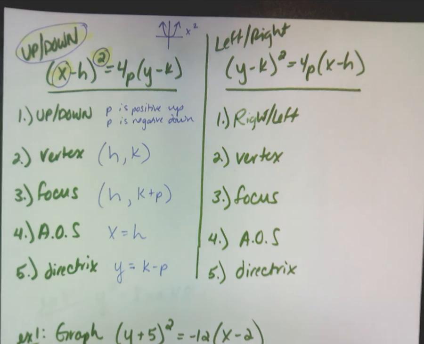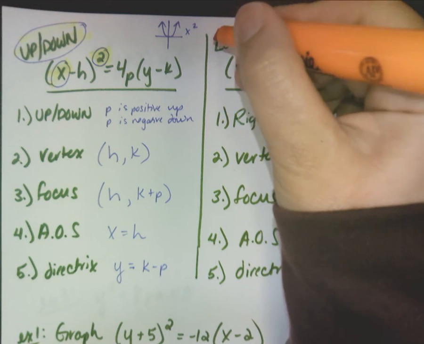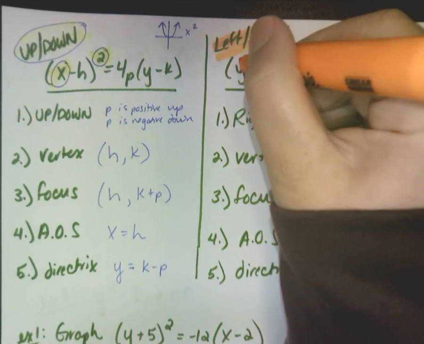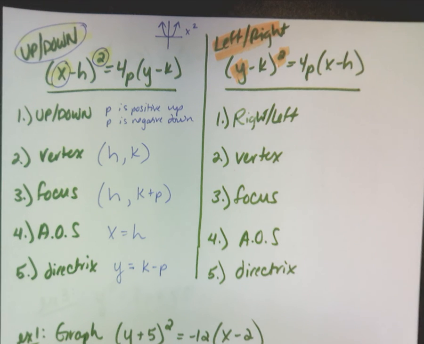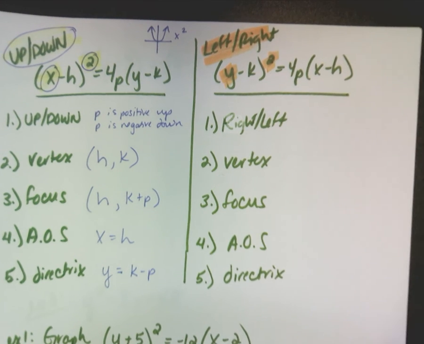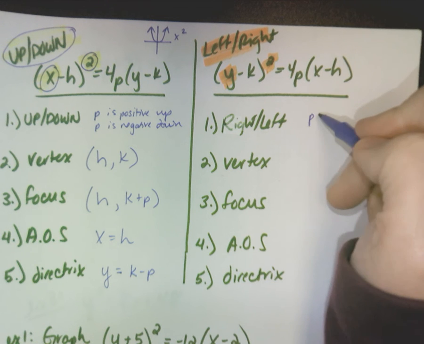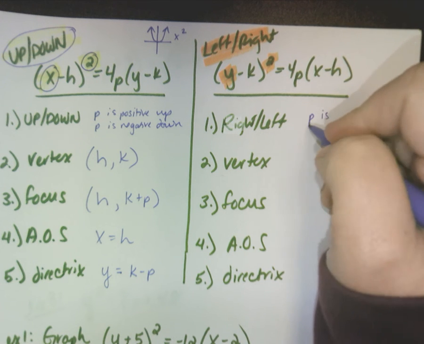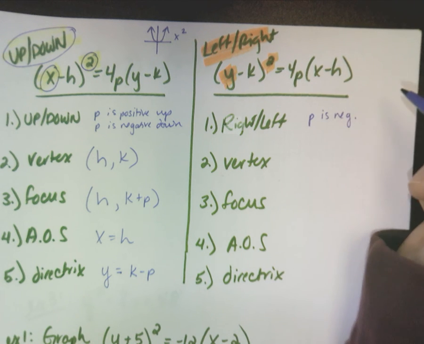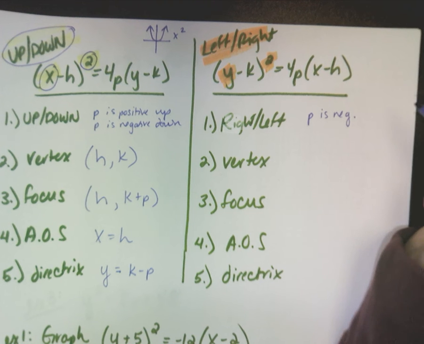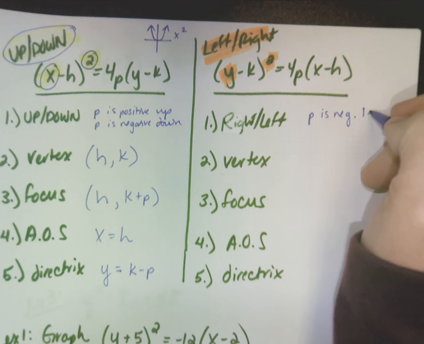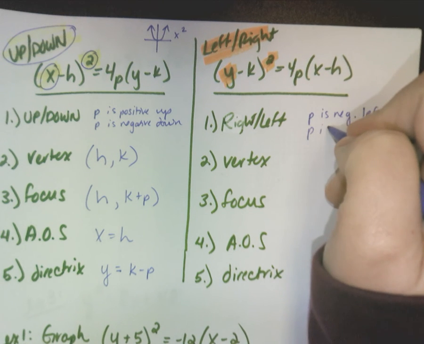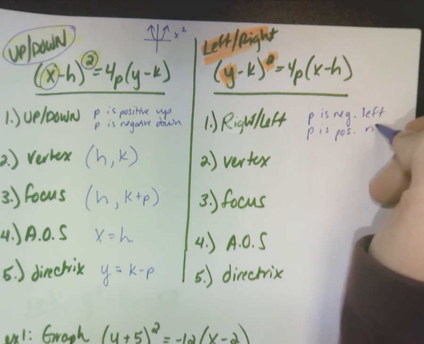Well, if it's a left or right, then your y is squared, okay? So the p still tells us a certain direction. If the p is negative, where do you think it's going to go? To the left or to the right? Yeah, it's going to go left if it's negative. If p is positive, then obviously it goes right.